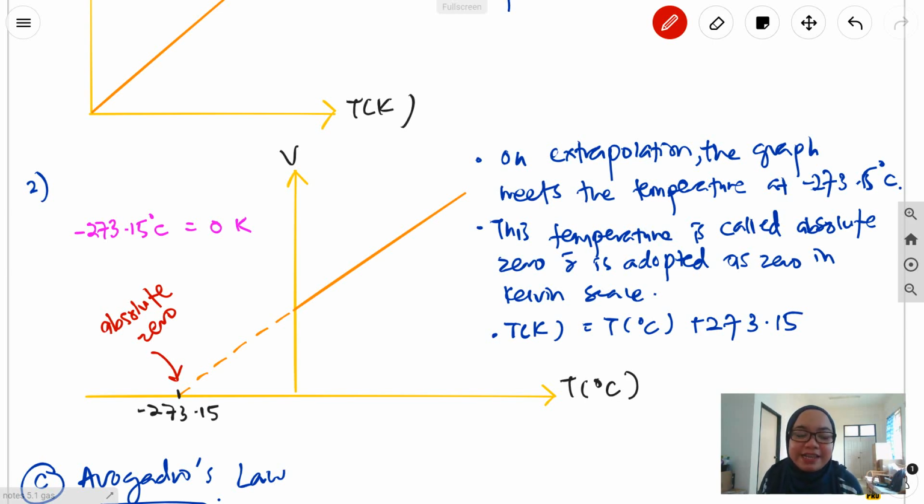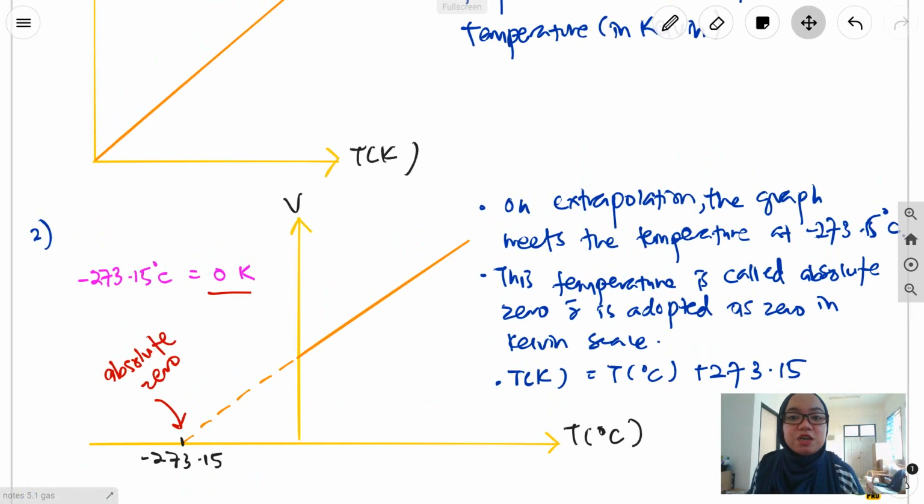So negative 273.15 degrees Celsius is actually equal to 0 Kelvin. So this is the absolute zero graph. If the question asks you to sketch the extrapolated graph and label the absolute zero temperature, this is what you do. So that is all about Charles' law.